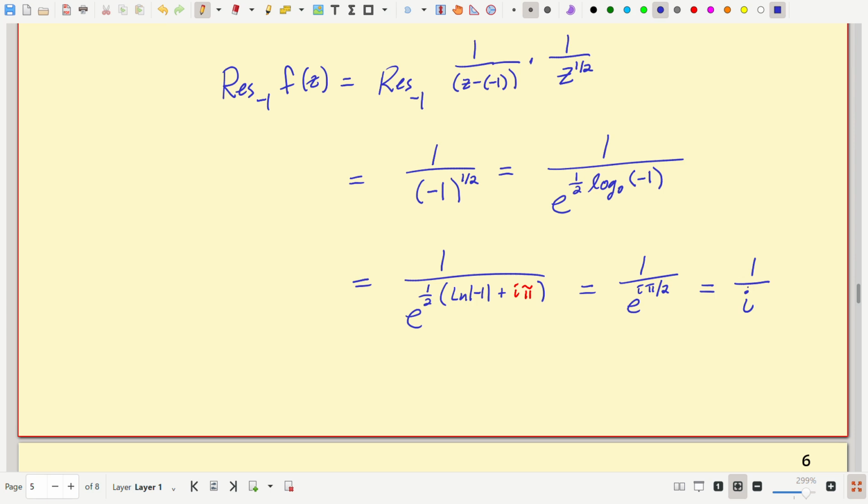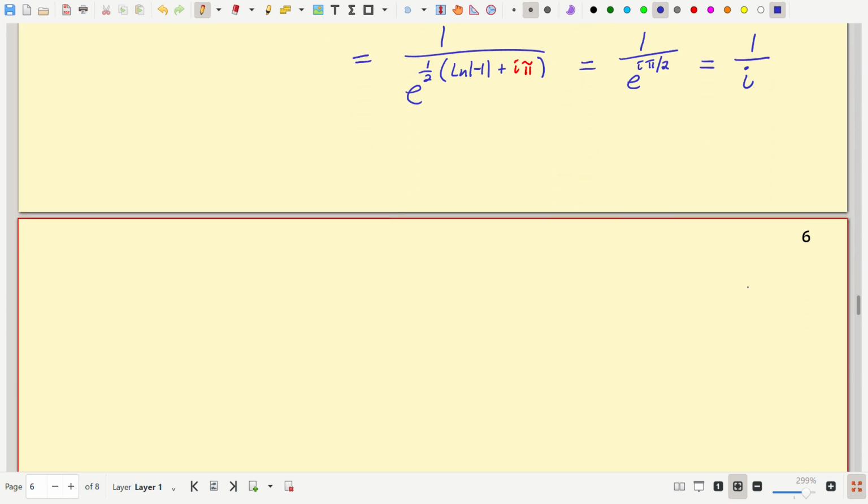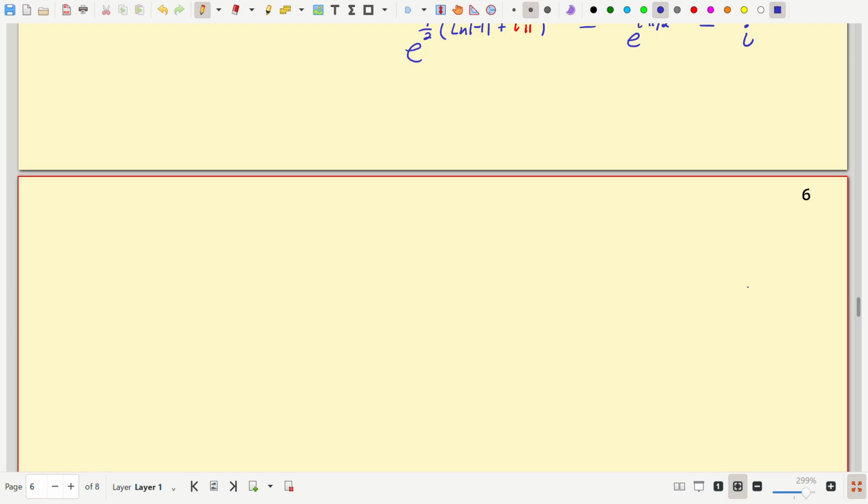Okay, I'm probably going to have to save some of these little steps for next time. What's an easy part? We don't have to think very hard to show that the integral along the circular parts goes to 0 as epsilon goes to 0 and r goes to infinity.